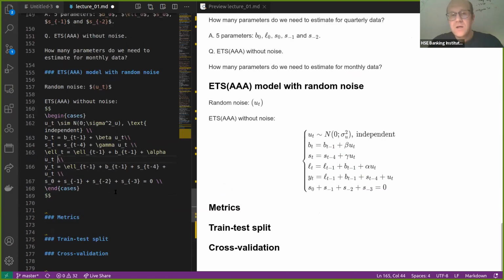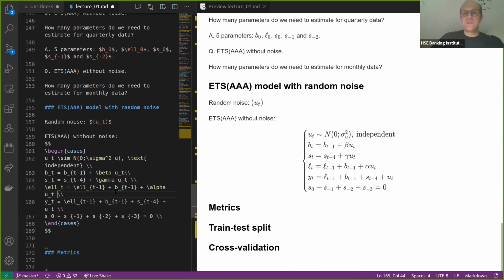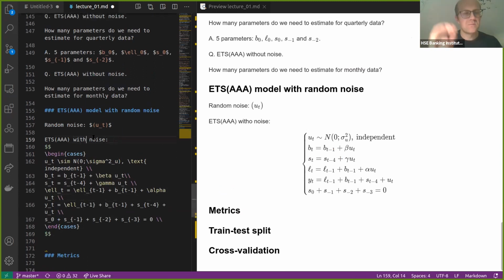So basically, now we have the ETS model with noise. Sorry, it's written without, but it's with noise. So now we have a complete setup of ETS with noise. Okay, any questions?